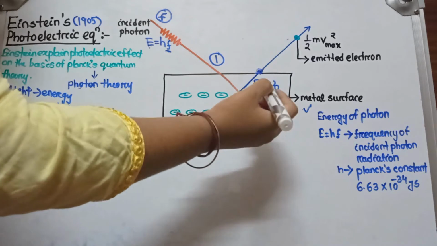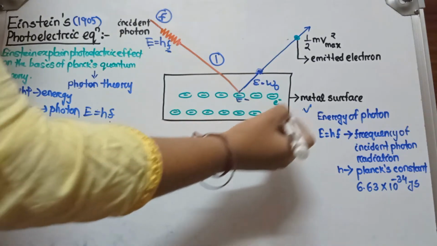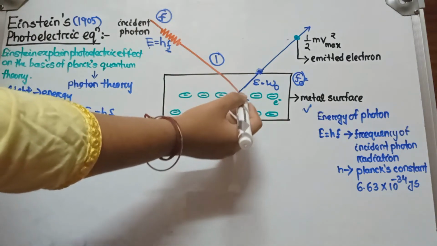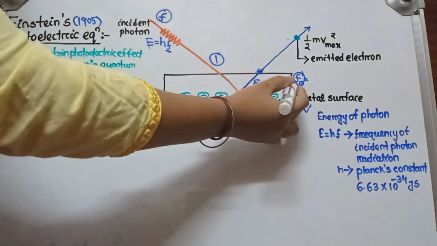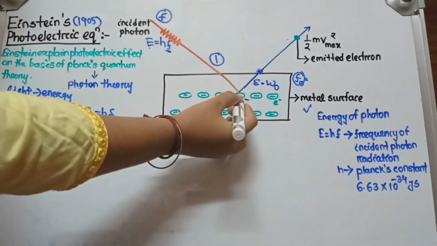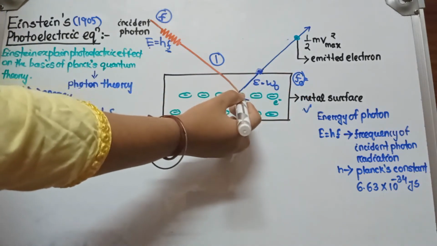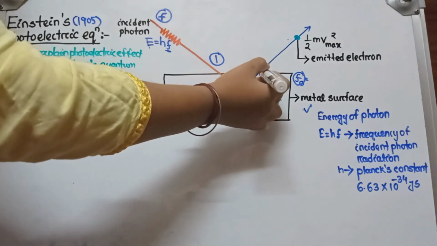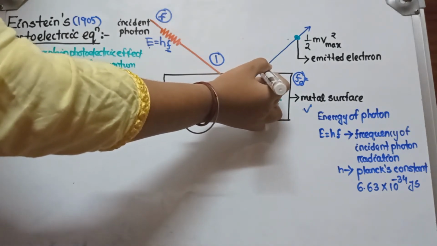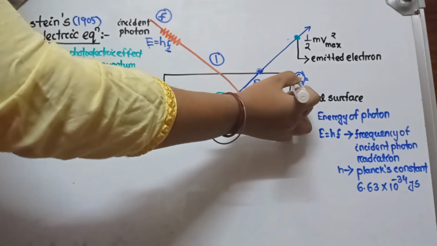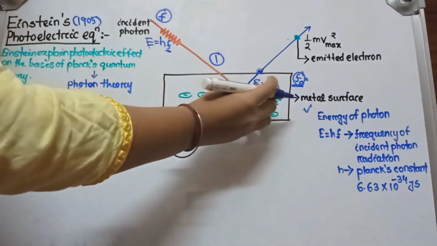And we know, students, what is threshold frequency? The minimum frequency at which an electron has the tendency to overcome the potential barrier and reach the metal surface is known as the threshold frequency.